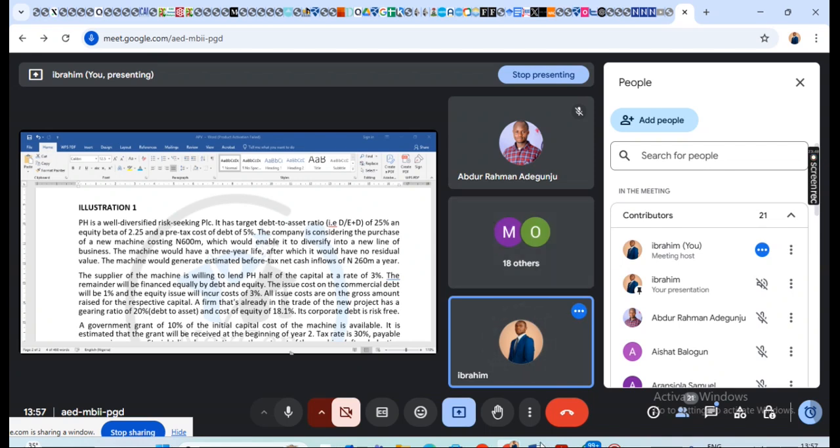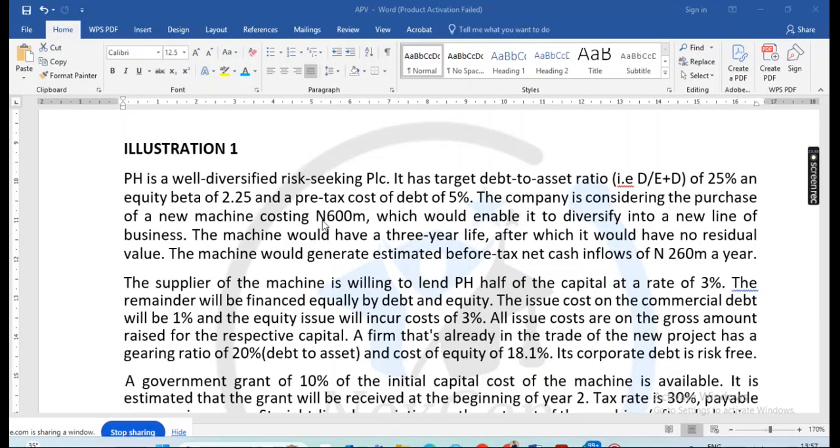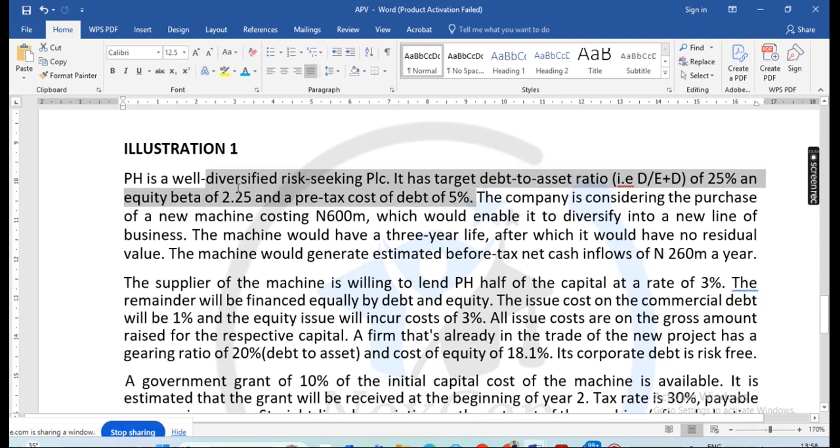Now, the pre-tax cost of debt, which means they've not considered tax. All this, they are still talking about the company, right? The company is considering the purchase of a new machine.